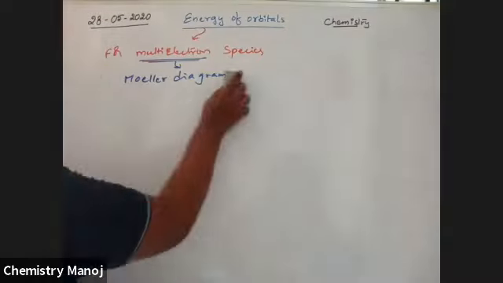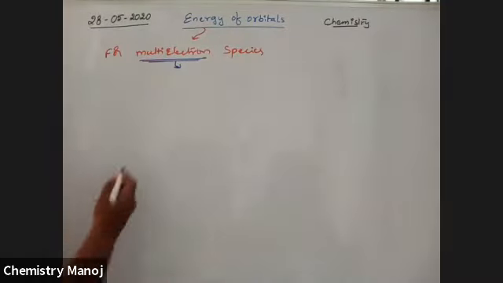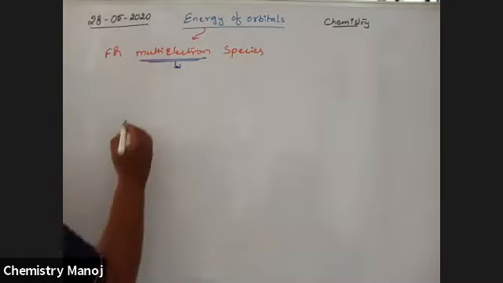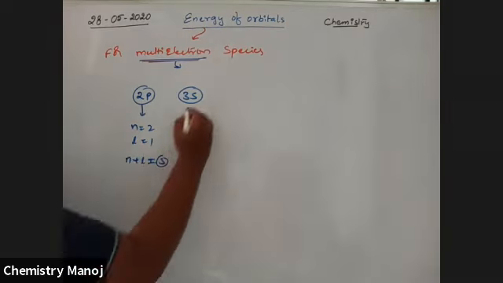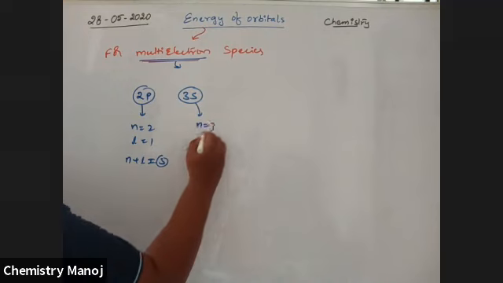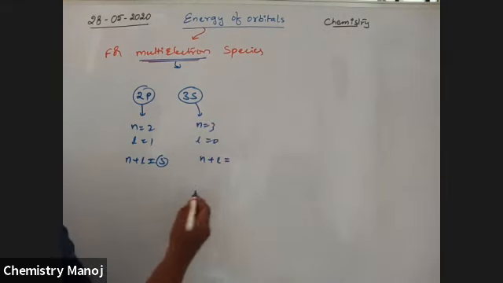Consider 2p orbital and 3s orbital, whose energy is high? For 2p orbital, n is equal to 2, l is equal to 1, n plus l is equal to 3. For 3s, n is equal to 3, l is equal to 0, so n plus l is equal to 3.